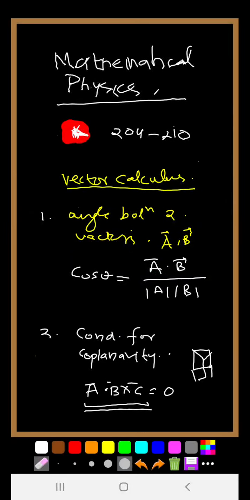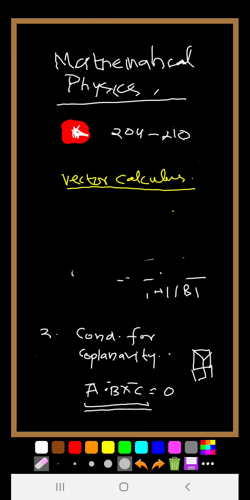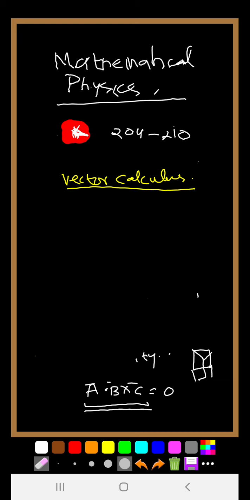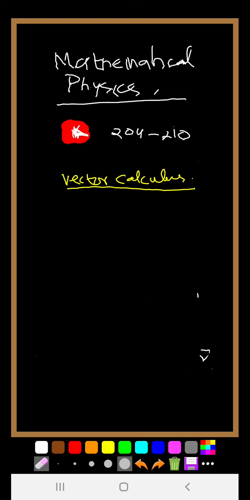The next point in vector calculus, that is number 3, is the del operator.